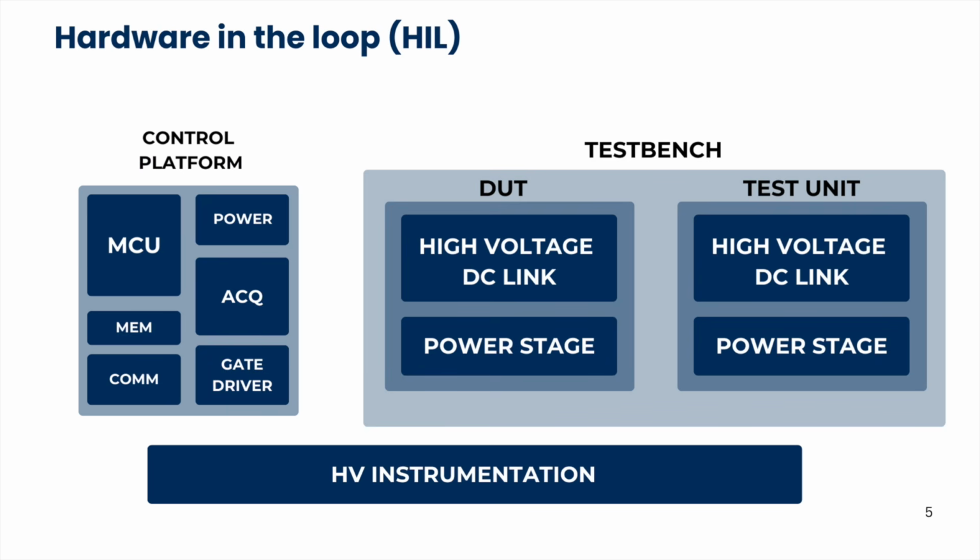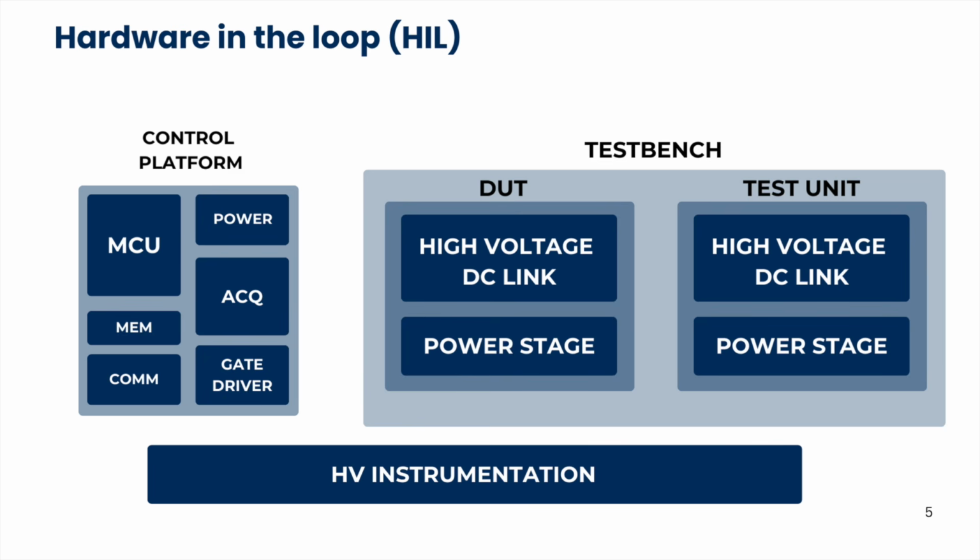However, if we want to test this in different scenarios in order, for example, to make it compliant with several certifications, we're going to need anything else. In this case, we're going to need a test bench. The test bench will be based on the device under test, which is our unit, the unit that we want to control, and also we're going to need another test unit.